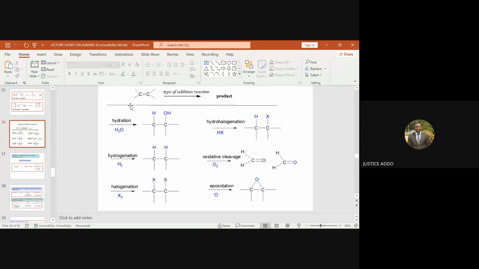For the hydration, you have an alkene and you add water to it, you form an alcohol. Remember, in preparing alkenes, we were using alcohols and we were removing water. So it's like the reverse. I have an alcohol in the presence of an acid catalyst, I'll remove water and form an alkene. If I have an alkene in the presence of an acid catalyst, I can add water to it and form back my alcohol.